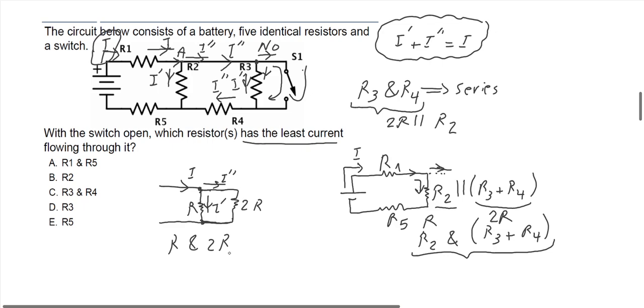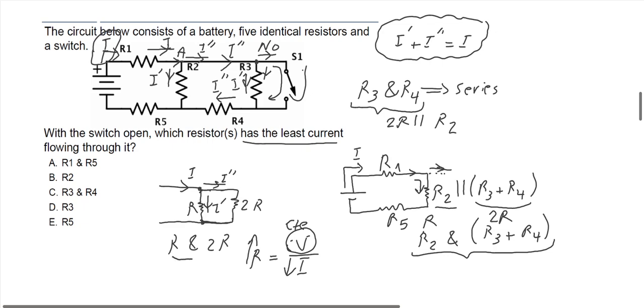What I can conclude from this is that if we consider Ohm's law, R equals V over I, if V is constant, the higher resistor leads to a lower current. So I guess the answer is easy now.